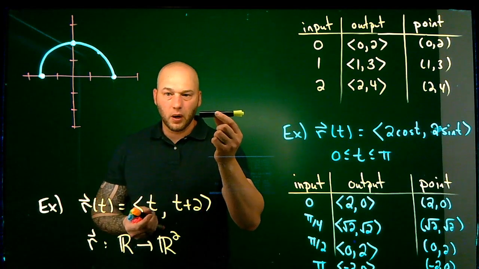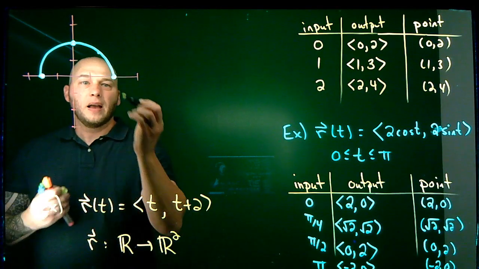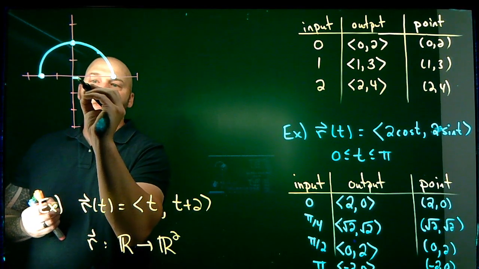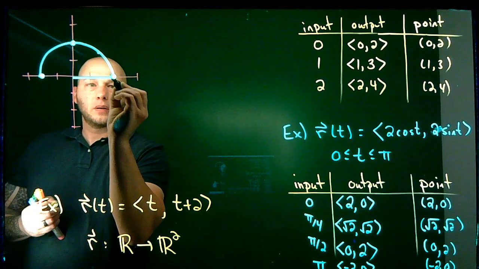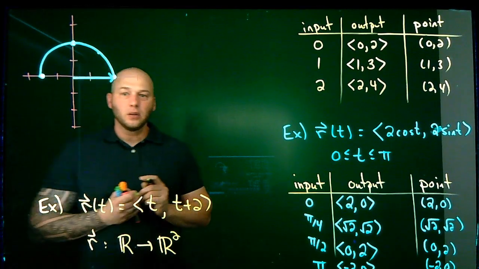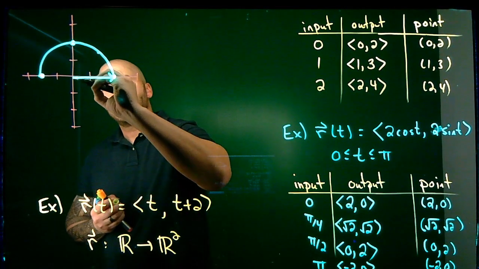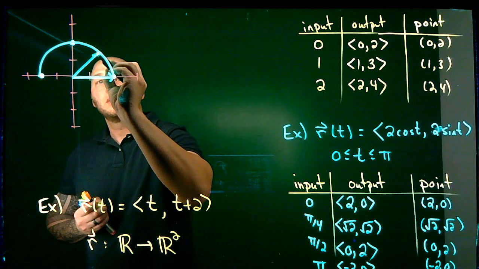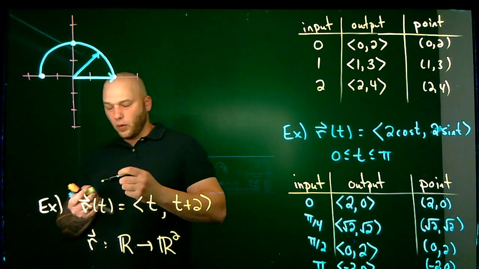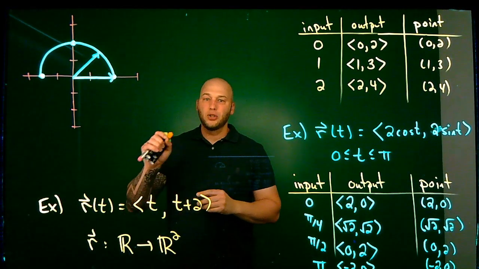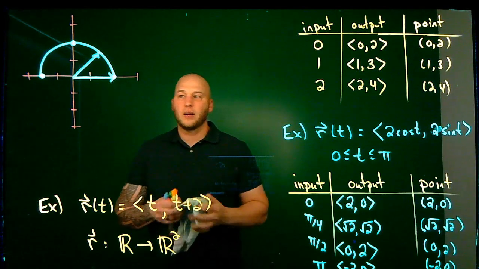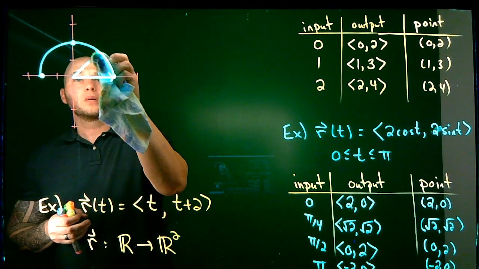Pretend this marker is a vector. Well, actually, go ahead and draw it in there. I did not plot that vector, and I did not plot this vector, and so on and so forth. What I did is I only plotted the terminal points of those vectors. Let's go ahead and get that out of there.